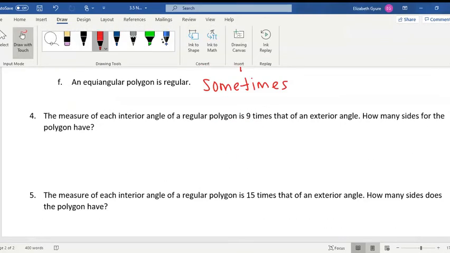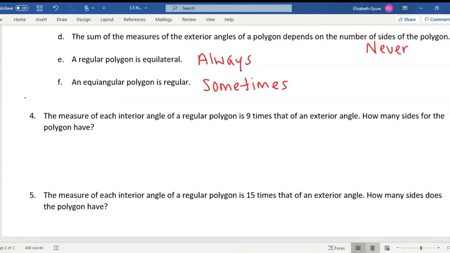So in number 4, we had some typos here that we need to fix. This should say the sum of the measures of the interior angles of a regular polygon is 9 times that of the exterior angles.